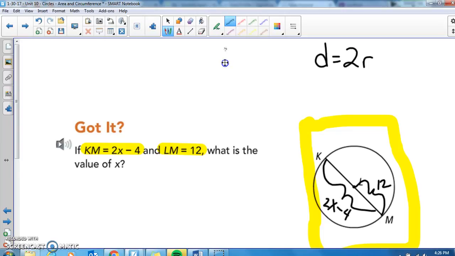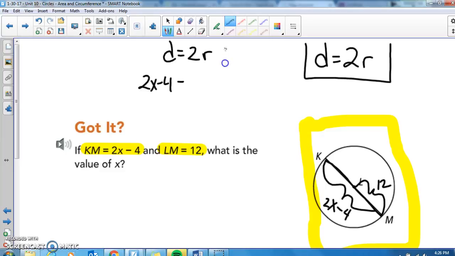All right, we're going to use this formula right here. So all I'm going to do is take that formula and substitute the information that I have. We know that the diameter is the distance all the way across, so that would be this distance from K to M. That distance is 2x minus 4.